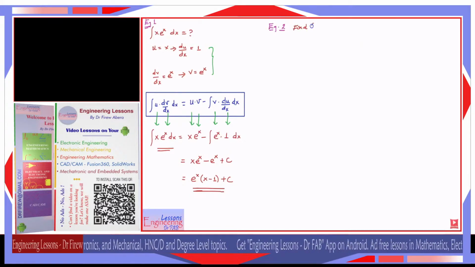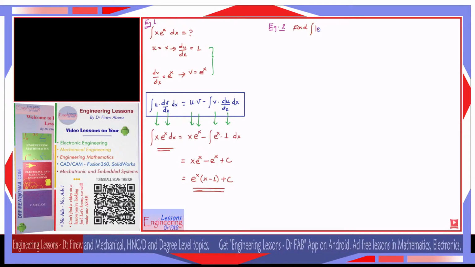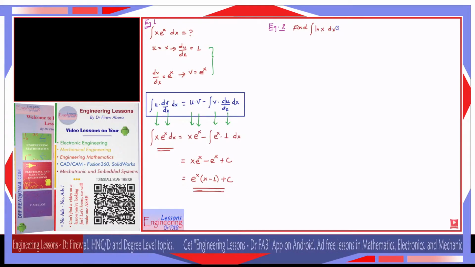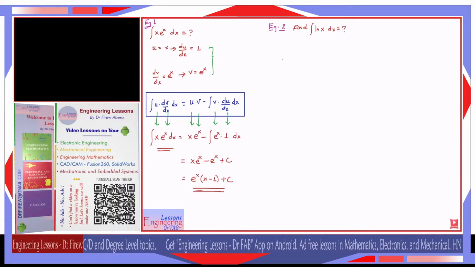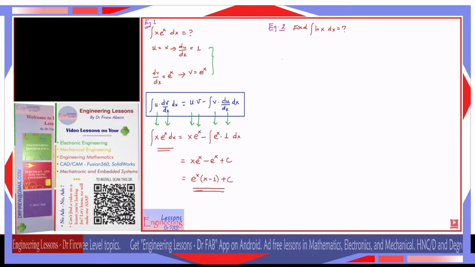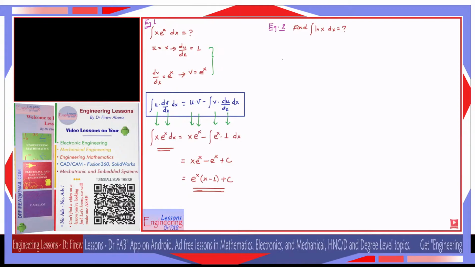So let's write now example 2. Find the integral of ln x dx. We are required to apply the integration by parts method. To apply integration by parts, we need at least a product of functions.